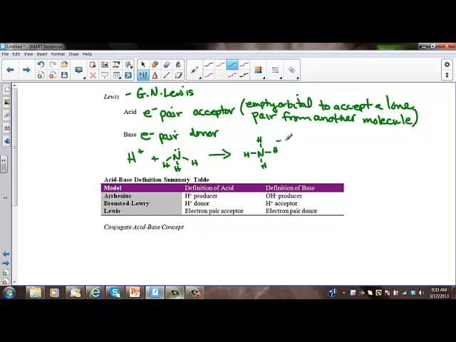As you can see here, the Lewis base in this case was the NH3 because it had a lone pair to give, and the H plus was the Lewis acid.